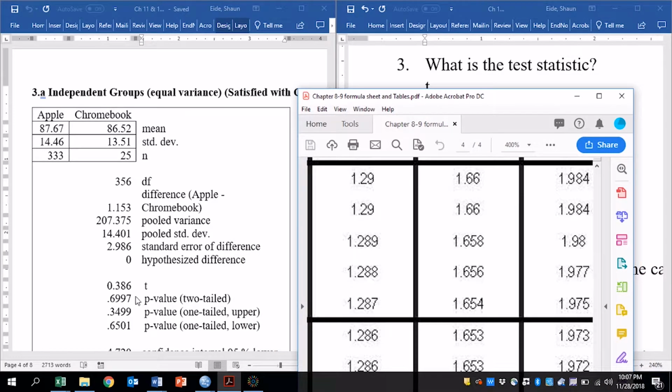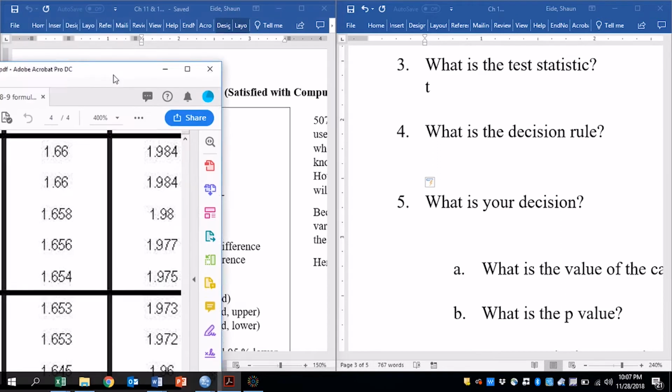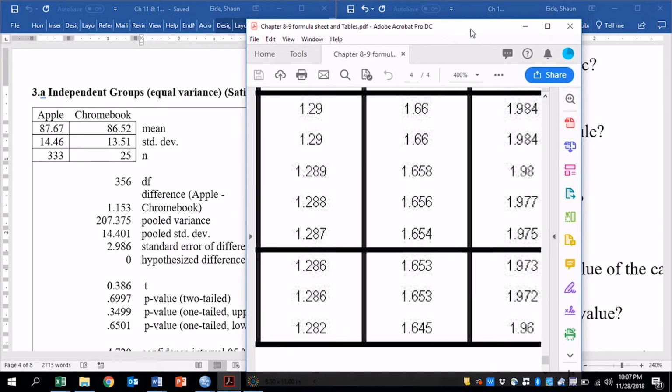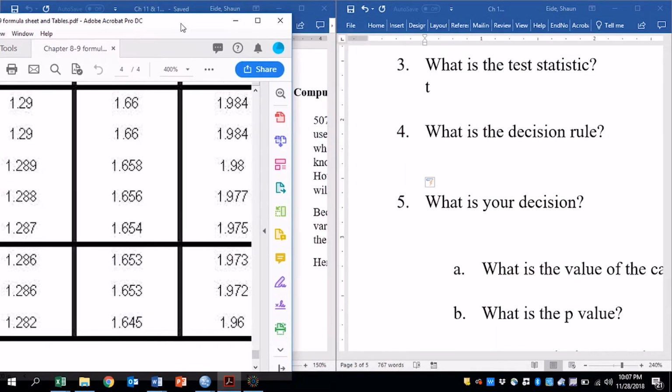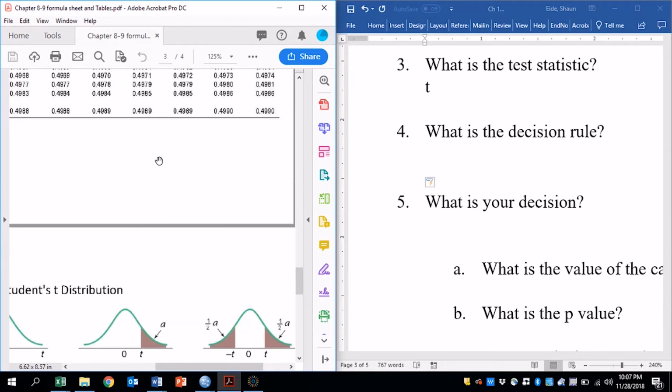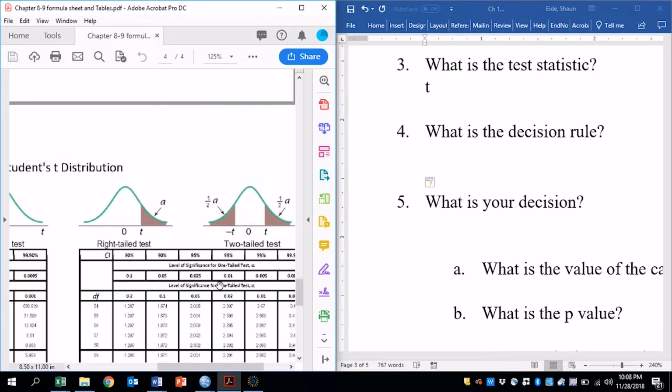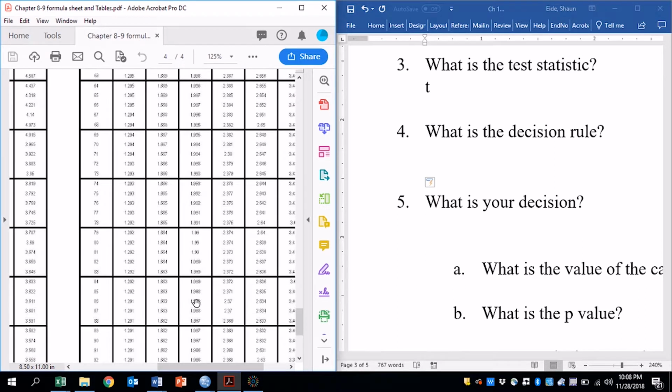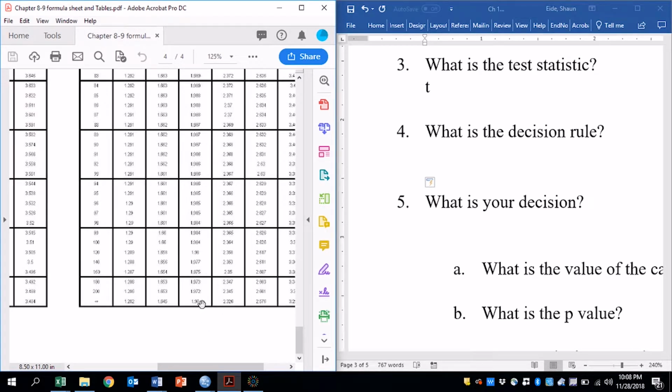So this T statistic is very close to the actual Z value, and we're going to put it against the critical Z values. So 0.05, let's look at 0.05. And we've got a two-tailed test. So the level of significance for a two-tailed test for 0.05 is 1.96. So what is the decision rule?